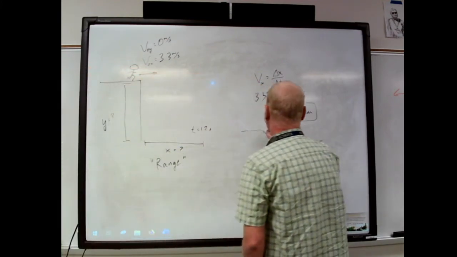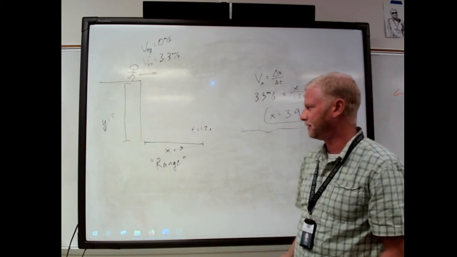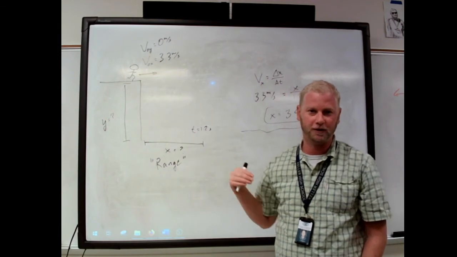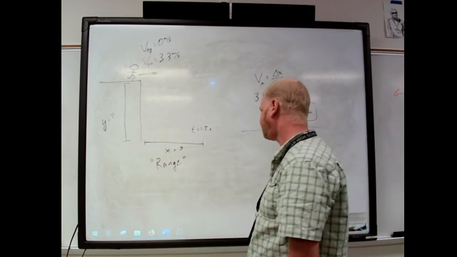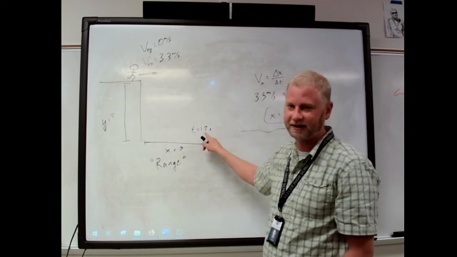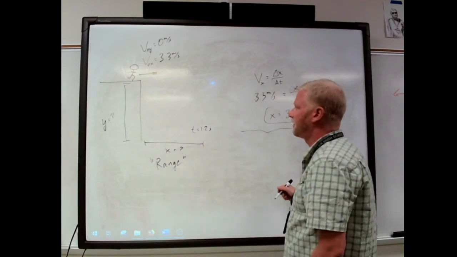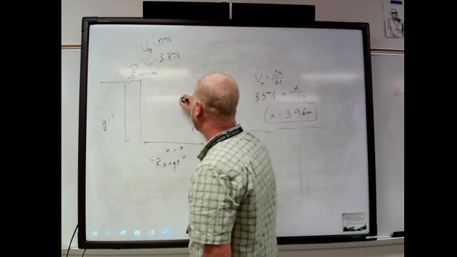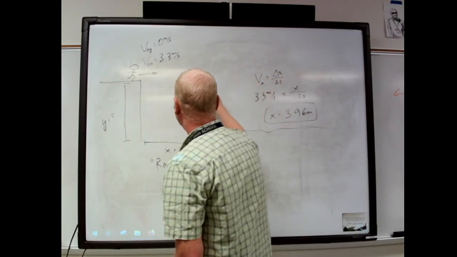Next, let's look at the vertical. Because if we want to find a vertical value, we can only be using vertical variables. Now notice the only variable that coexists in both dimensions is your time. Alright, so we got v naught y, we got y, and we know the acceleration in the vertical is g.